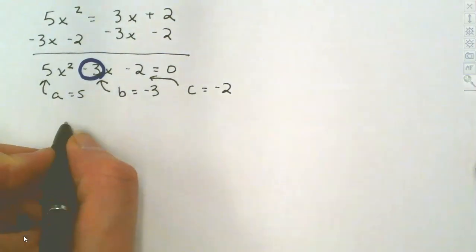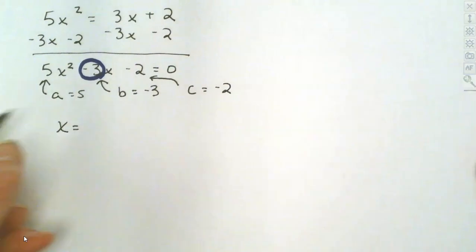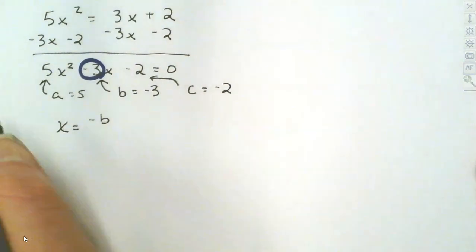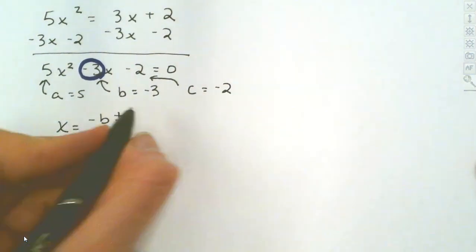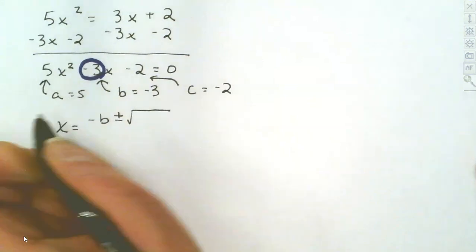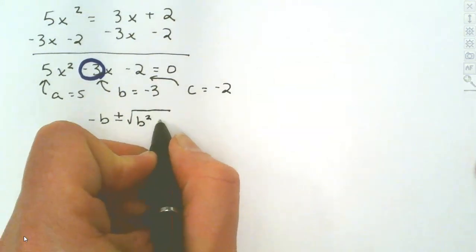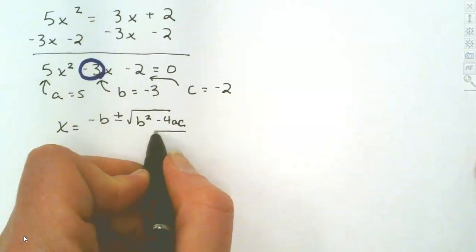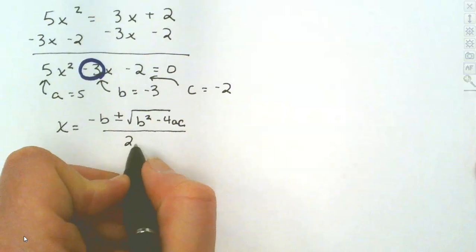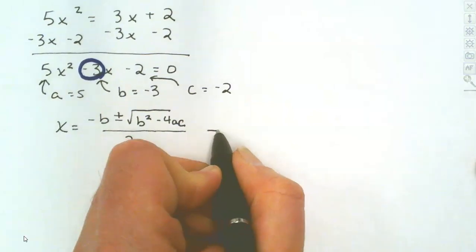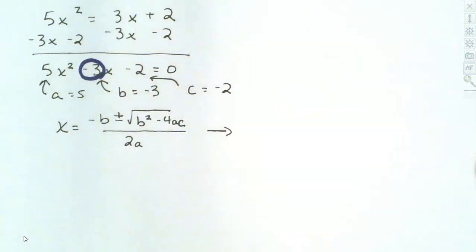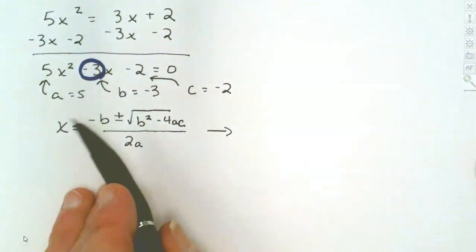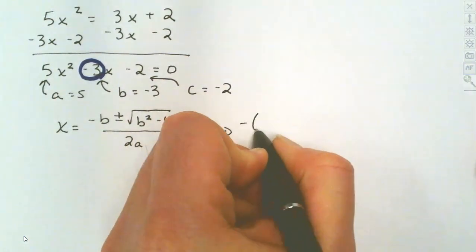So our quadratic formula, again, is x equals minus b plus or minus the square root of b squared minus 4ac all over 2a. And again, be very careful when we plug our numbers in. So it's a minus b, so we have a minus 3.